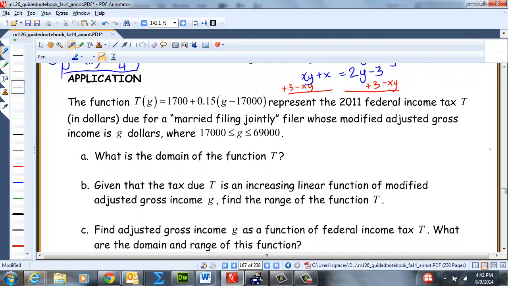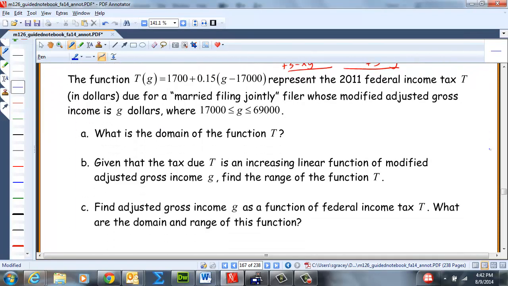All right. So now our application. The function T at G equals 1700 plus 15 hundredths times quantity G minus 17,000 represents the 2011 federal income tax T in dollars due for a married filing jointly filer whose modified adjusted gross income is G dollars, where 17,000 is less than or equal to G is less than or equal to 69,000.